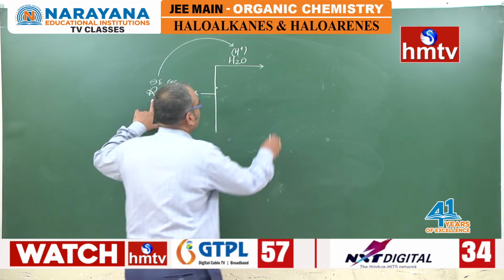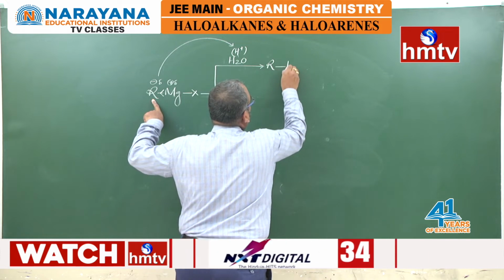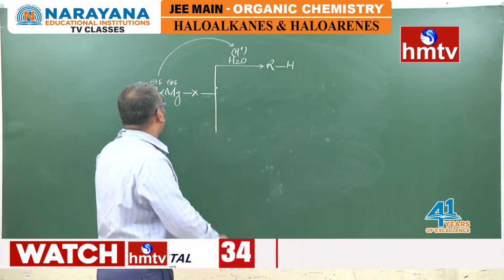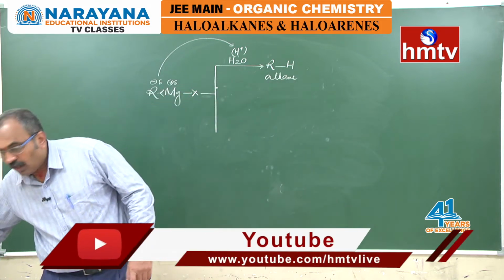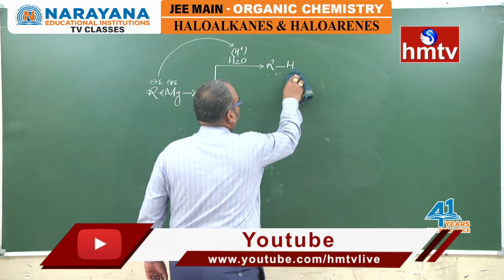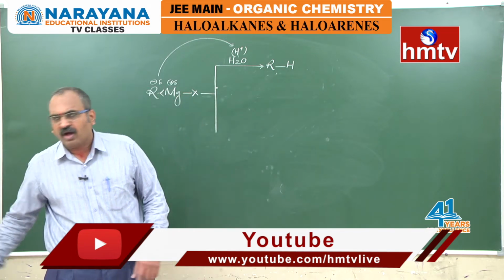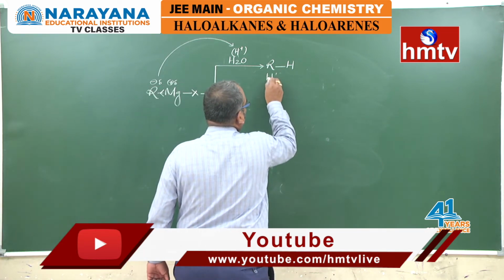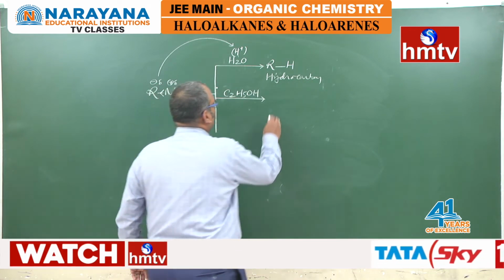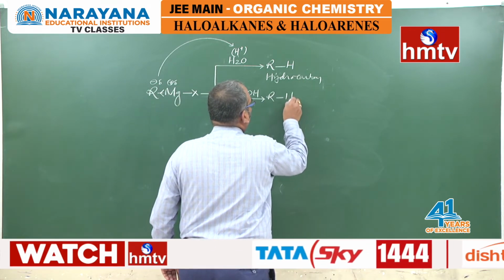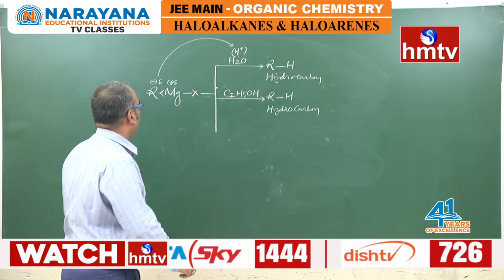The R minus will consume a proton and give you RH. If R is an alkyl group, alkane is formed; if R is a different type of group, hydrocarbon is formed. If you take ethyl alcohol, that will again give a proton to give hydrocarbon.